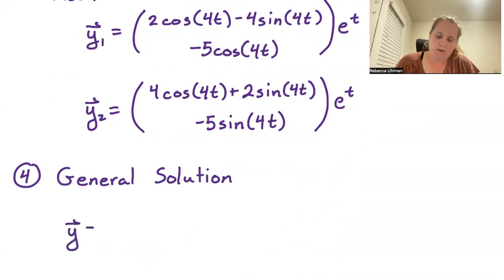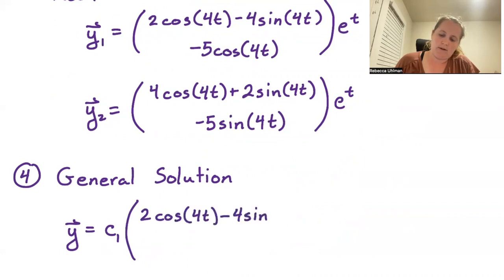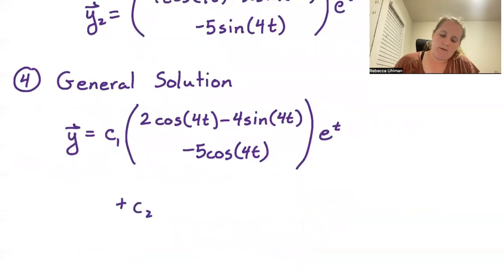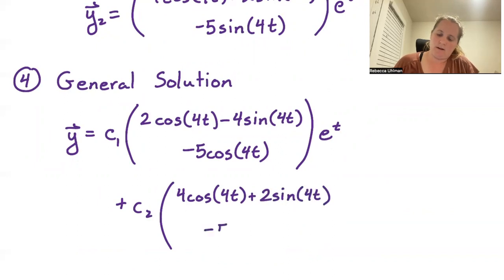So y will just be equal to c1 times 2 cosine of 4t minus 4 sine of 4t, and then negative 5 cosine of 4t, that whole vector multiplying e to the t, plus c2 times 4 cosine of 4t plus 2 sine of 4t, and then second component negative 5 sine of 4t. Again, all multiplying e to the t.